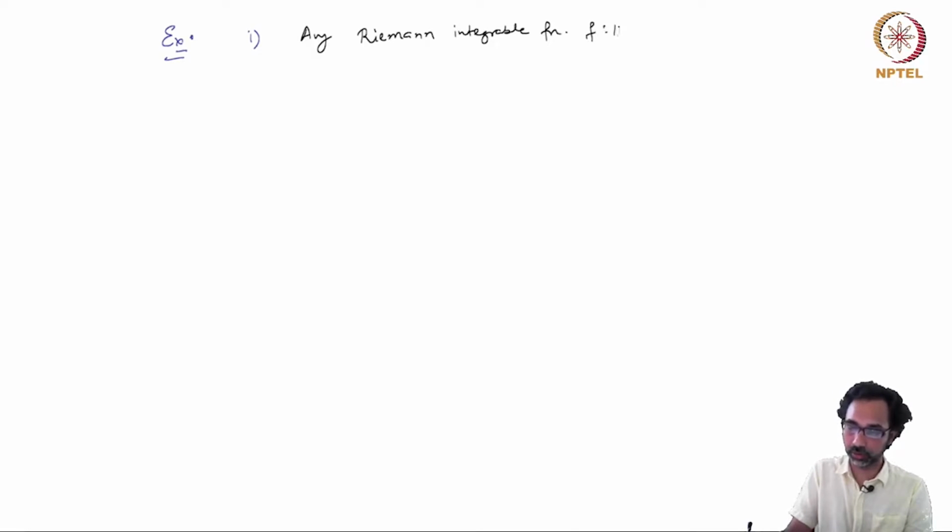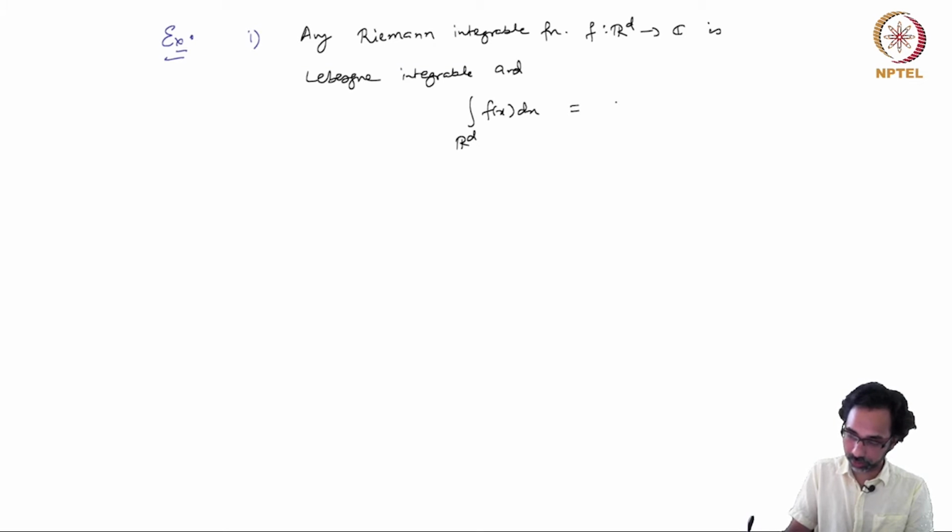So we need a few results that I will leave as an exercise. The first is that any Riemann integrable function f on R^d is Lebesgue integrable, and in this case the Riemann integral of f(x) dx is equal to the Lebesgue integral of f with respect to the Lebesgue measure.